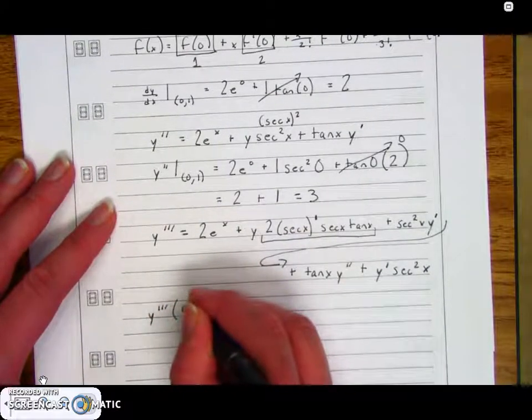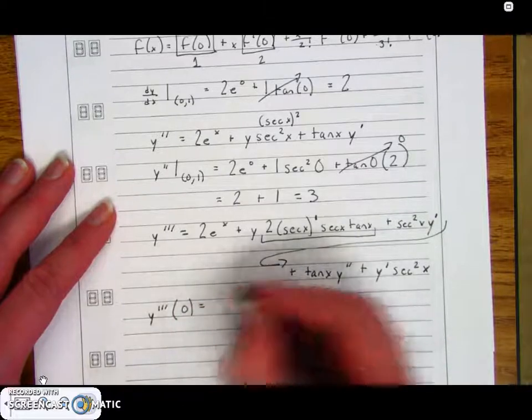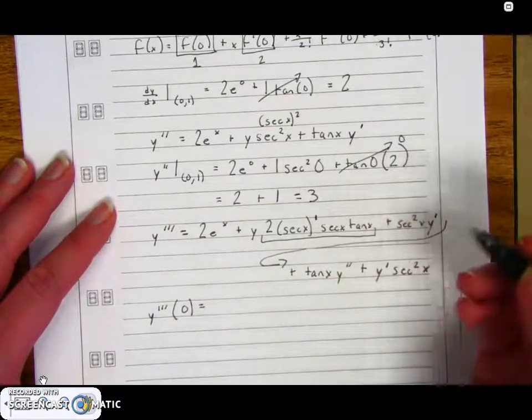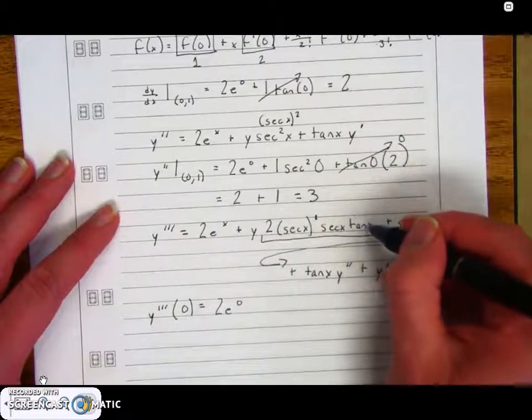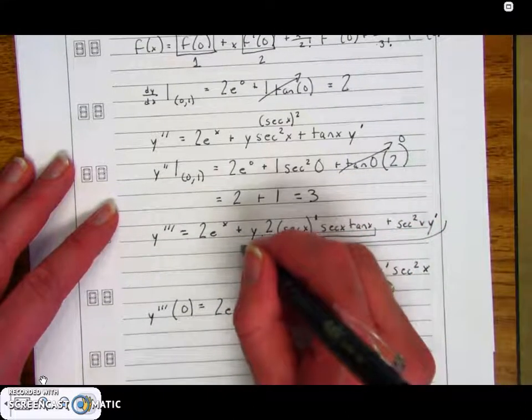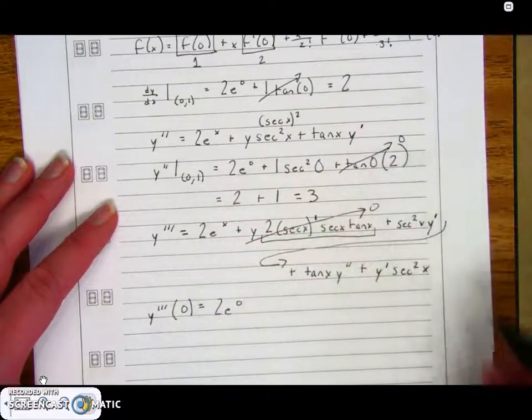y triple prime of 0. Remember, you're putting 0 in everywhere. So you have 2 e to the 0. Tangent of 0 is 0, so this whole thing is going to go to 0.